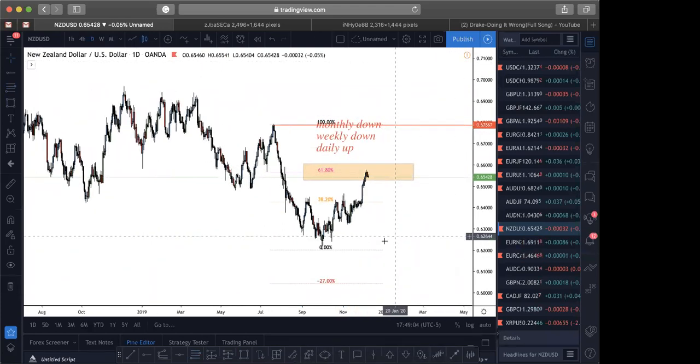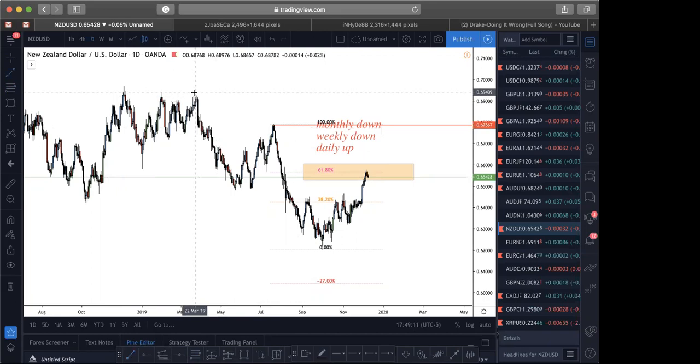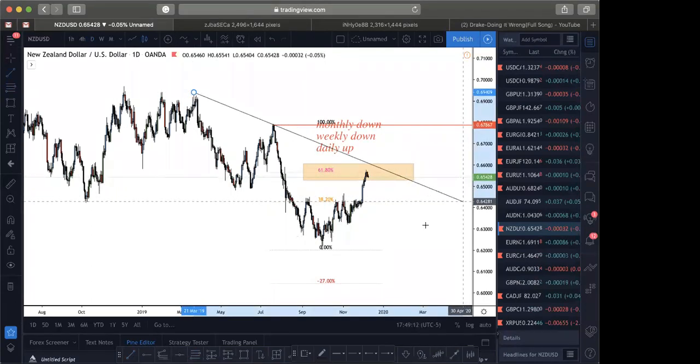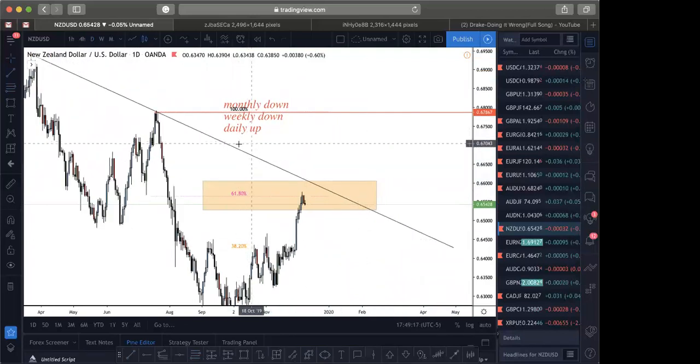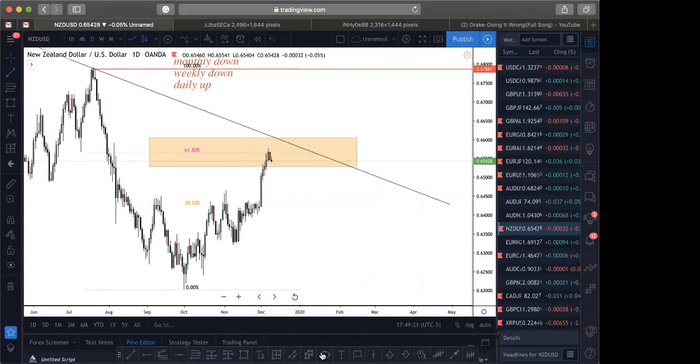Then we can draw a higher time frame trend line to see where the market comes near it. So we know that, okay, we have a high time frame trend line, we have a Fibonacci level. So around this area would be the shorting area, right?